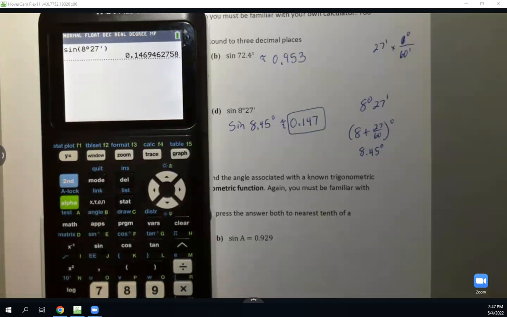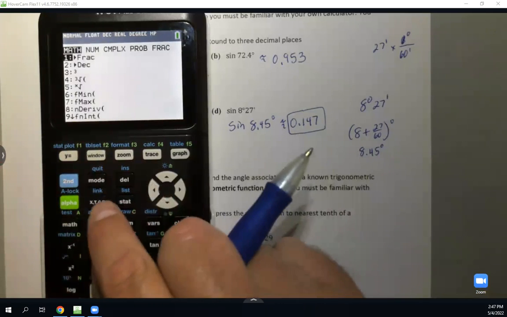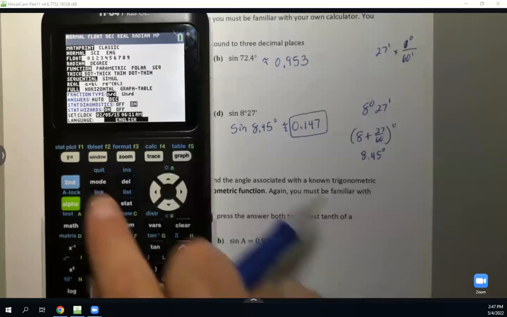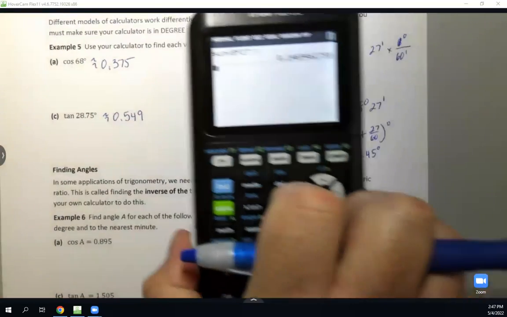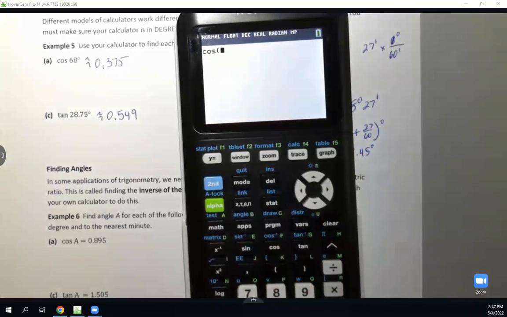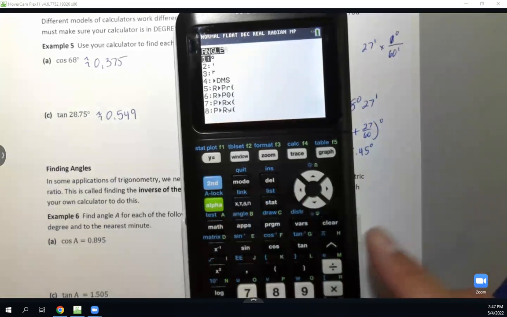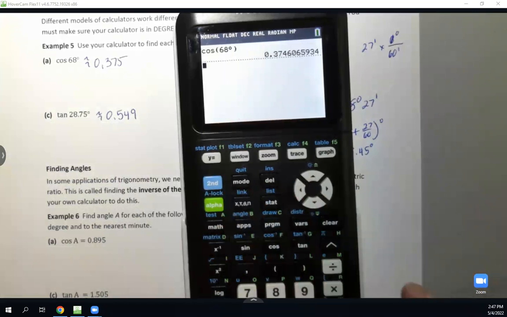By the way, even if I was in radian mode, if I were to do cosine of 68 degrees, the calculator is going to treat 68 as degrees rather than radians, and it's going to give me the right result.